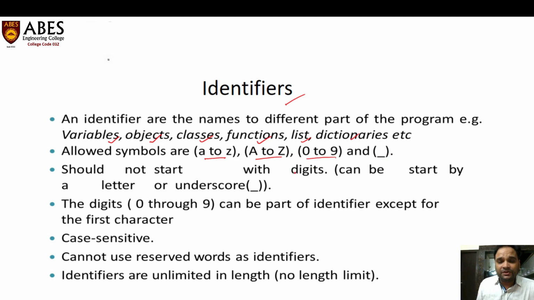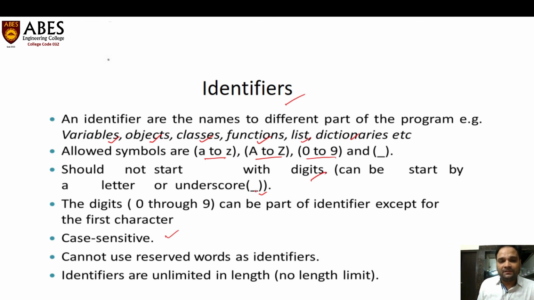It is a convention that we should not start any identifier with a digit, although we can use an underscore as the first character. Identifiers are case sensitive, and keywords cannot be used as identifiers. For example, if I save my name as a variable x, we cannot use False or True in place of x.